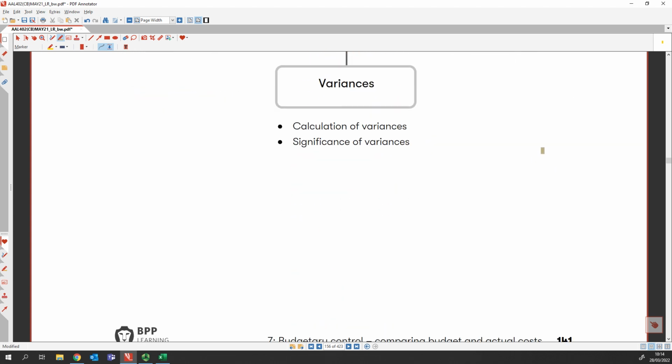So your variances. You've got to think about the calculation of the variances, and also what the variances mean, what significance the variances could possibly have for decision makers.